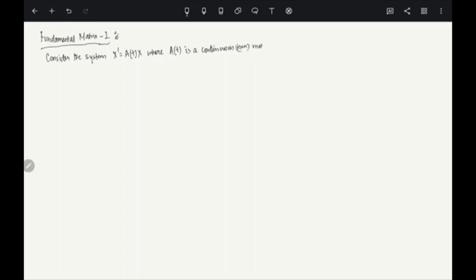Clear? Let me put it this way. Basically what I mean is that all the coefficients of A are going to be continuous on whatever interval we define this system.